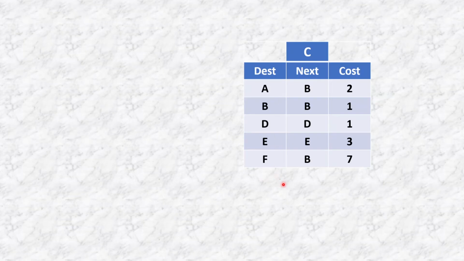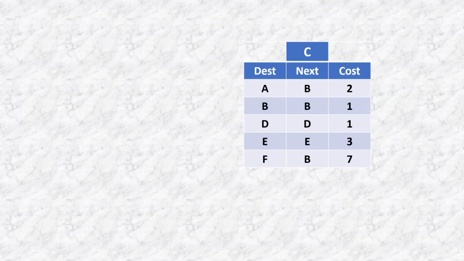Now, the interesting thing is, at this stage already, node C is able to get to A, to B, it can remain at C if it wants to, it can get to D, it can get to E, it can get to F. So only after these few exchanges, we have the possibility to route from C anywhere. However, at this stage, the costs may not be optimal yet.